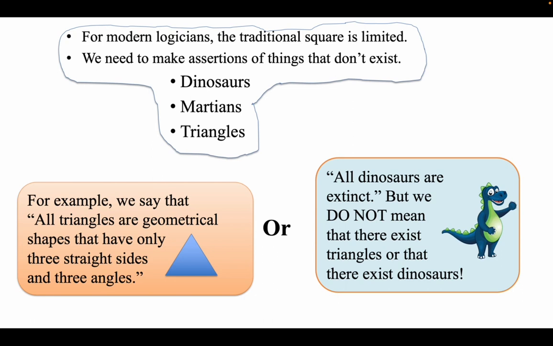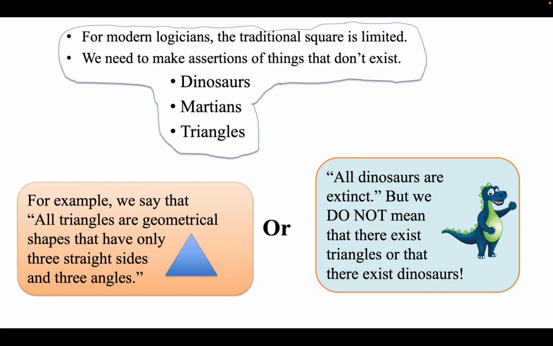For example, when I say that all triangles are geometrical shapes that have only 3 straight sides and 3 angles and 180 degrees and all that stuff, I do not intend to mean that there exist in the world actual triangles.